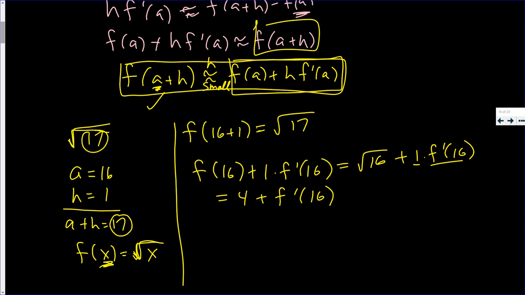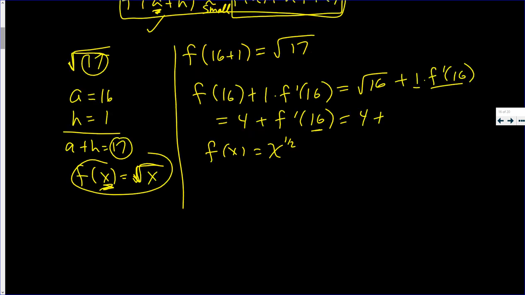Well, before I can find f prime of 16, I need to know f prime of x. Well, f of x is the square root of x, which is x to the half. I only write it that way because it's easier for me to take the derivative in that form. So f prime of x, well, you bring down the half, you make the new power 1 less.